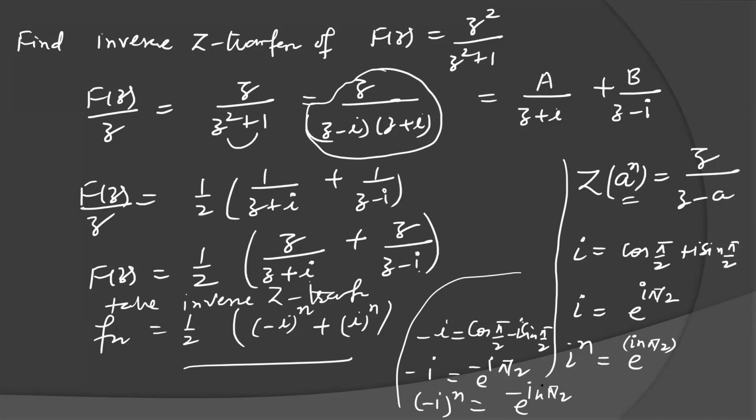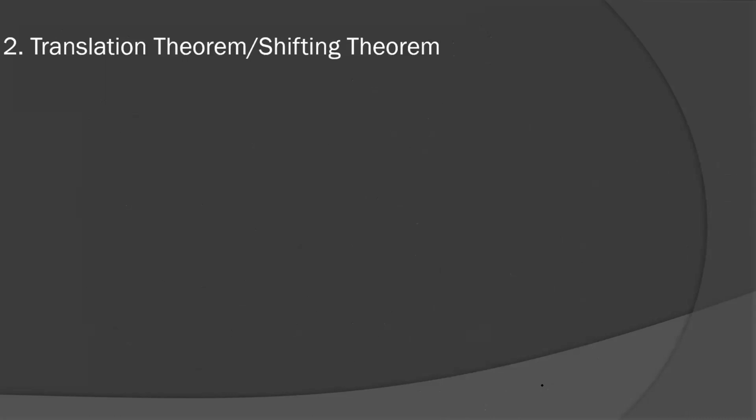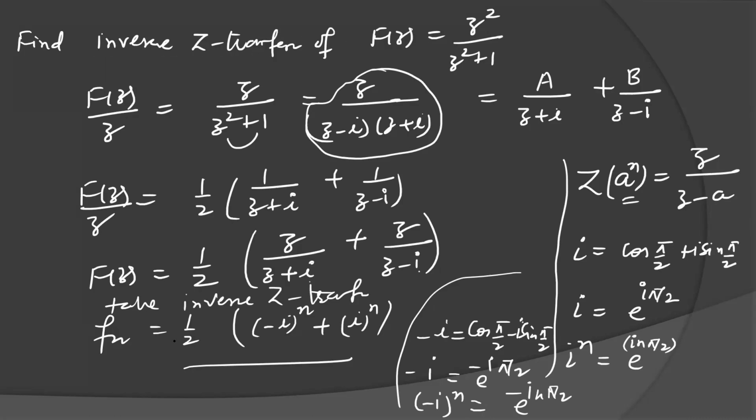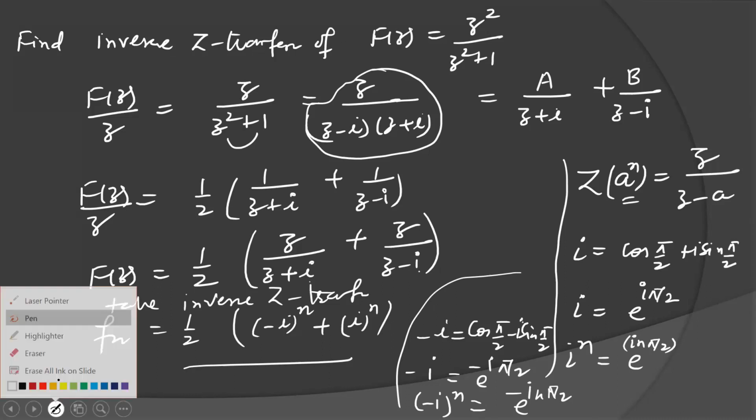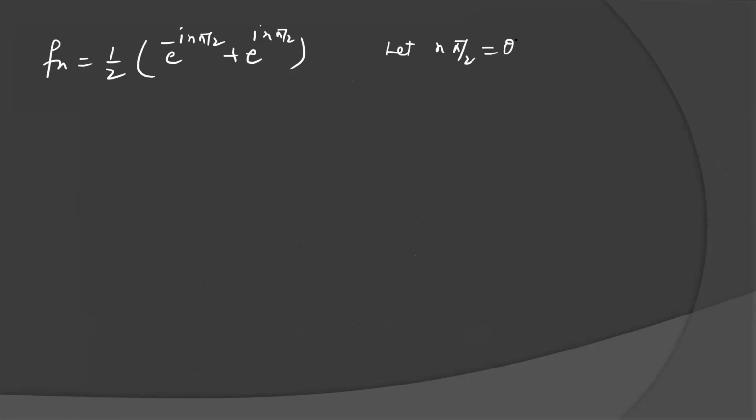So if you use these values, here your f(n) is going to be very interesting. Then your f(n) will be 1 over 2 times e to the power minus i n pi by 2 plus e to the power i n pi by 2. Let n pi by 2 be theta.